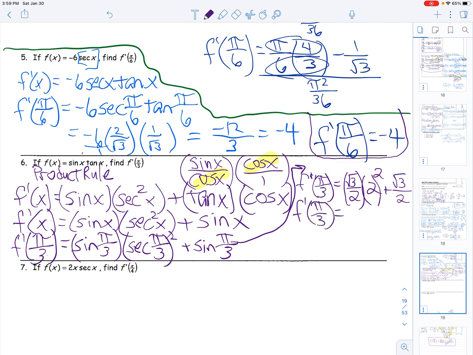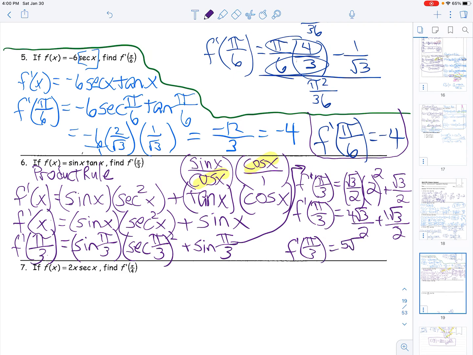All right, so f prime pi over 3 is going to be radical 3 over 2 times 2 squared, right? So 2 squared is 4. So this is going to be 4 radical 3 over 2 plus a 1 radical 3 over 2, right? I'm going to leave that as is because I can go ahead and add the tops now, because I have a common denominator here.